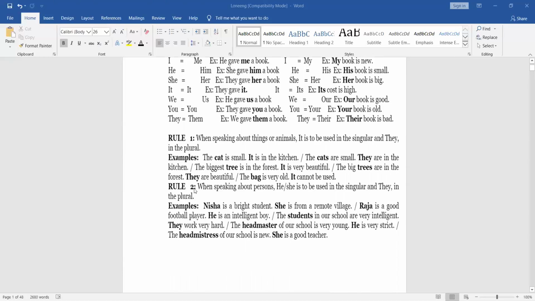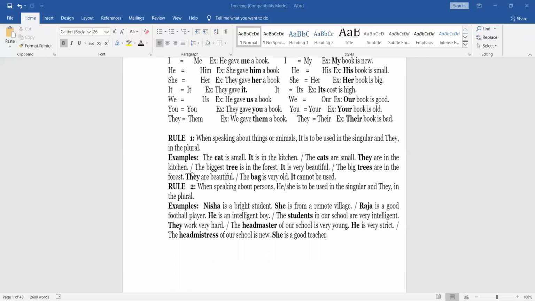Okay, there are two rules to this. What is the rule? When you are speaking about an animal or a thing, then we usually refer to it with the subject it. Okay, so it is to be used in the singular form, and they is used in the plural form. Okay, so you need to know that.